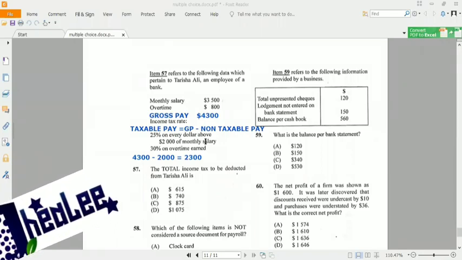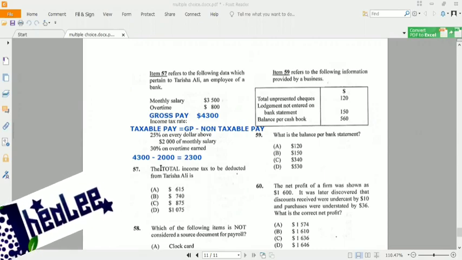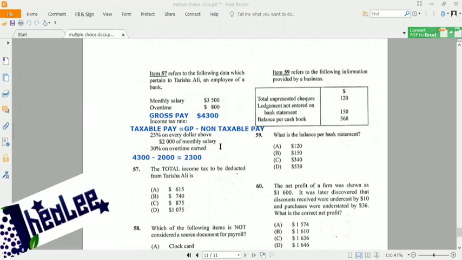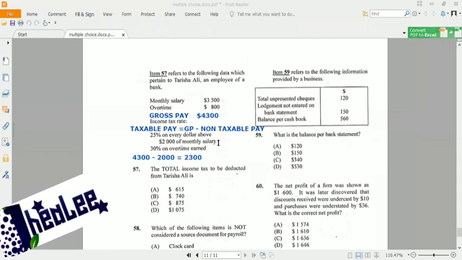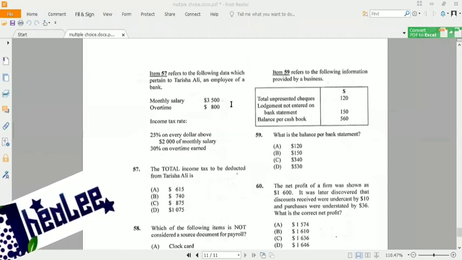Miss, isn't the taxable pay only the monthly salary? Because it said $2,000 of monthly salary and not the gross pay itself. All right. Guess what? They said anything above the 2,000 of monthly salary is taxable. The monthly salary is 3,500.